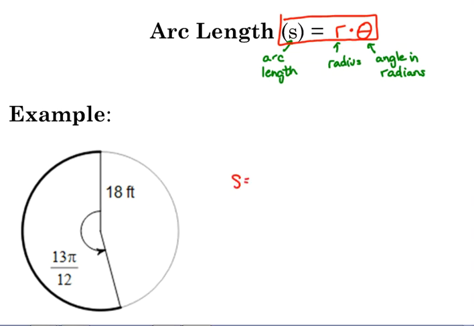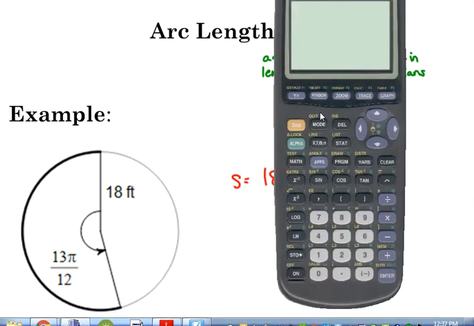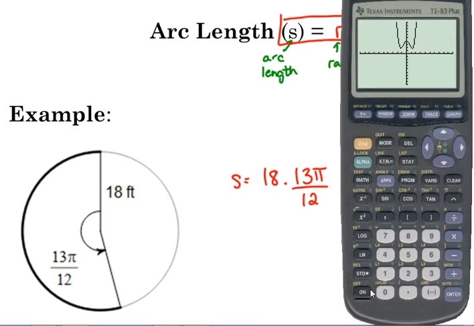So that means I can calculate this simply by using S equals R times theta: 18 times 13 pi over 12. Initially, all I'm going to do is multiply and divide everything but the pi and make that a fraction.